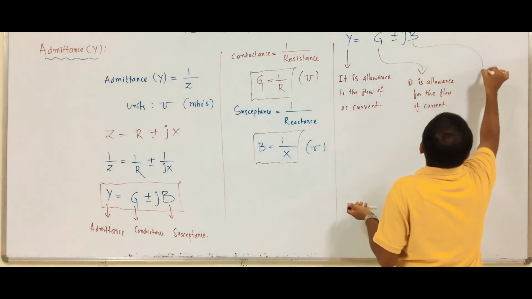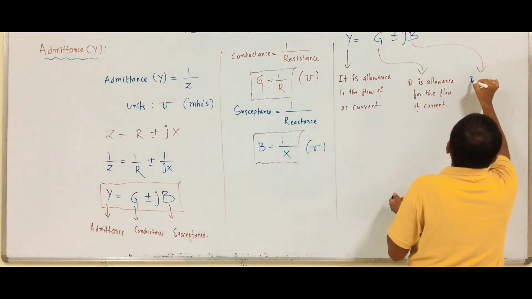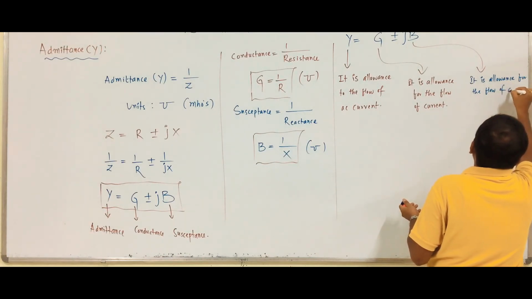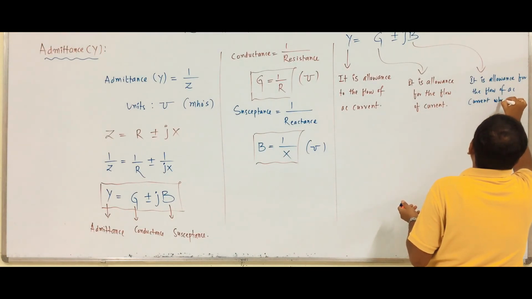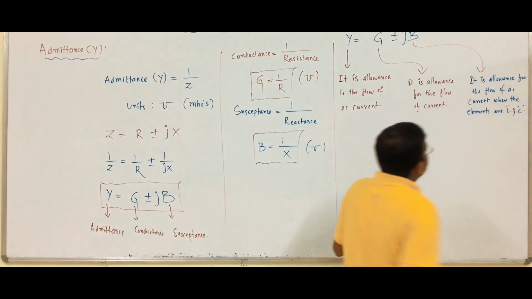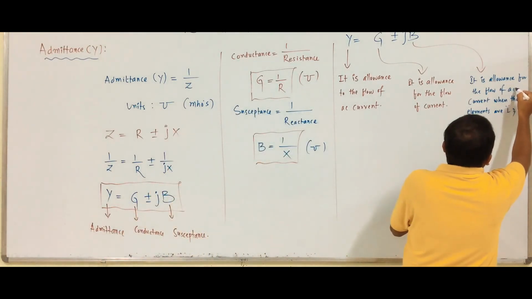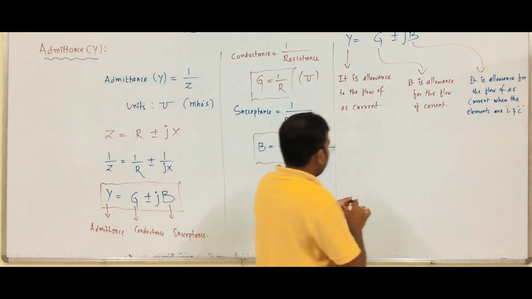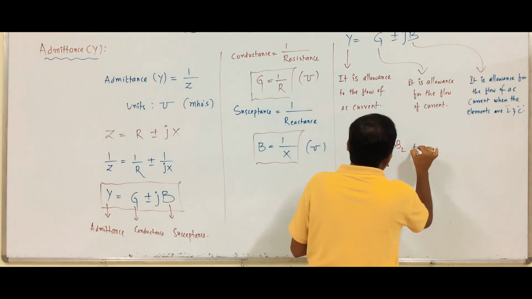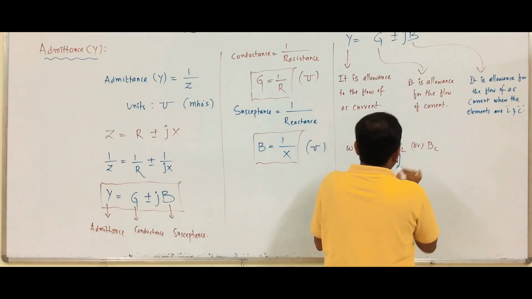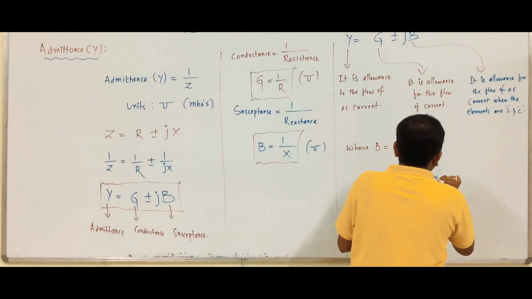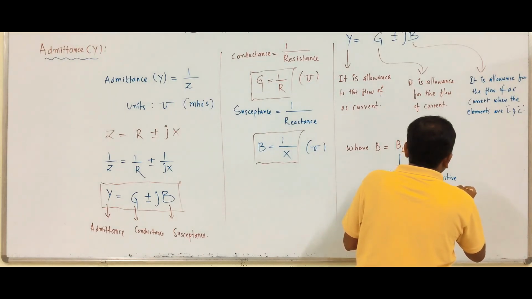Then what is susceptance? It is allowance for the flow of AC current when the elements are L and C, right. So, B is equal to BL or BC, that is inductive susceptance, like that we have capacitive susceptance, clear.